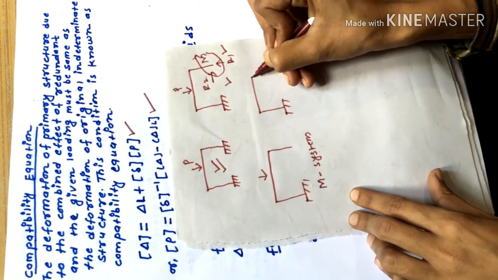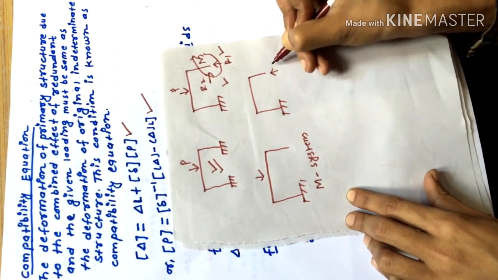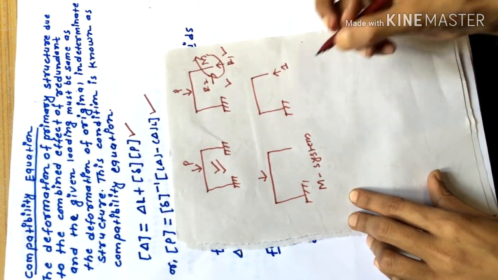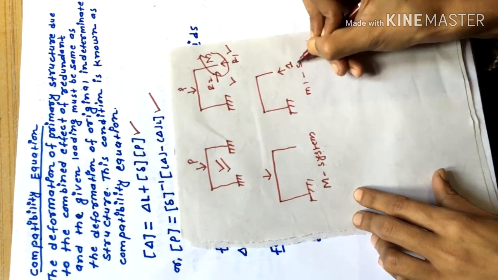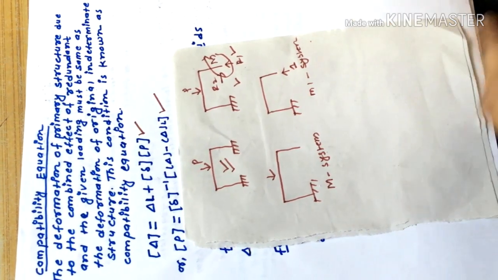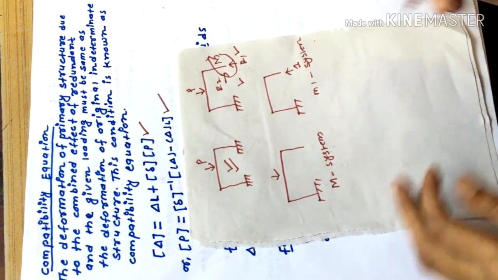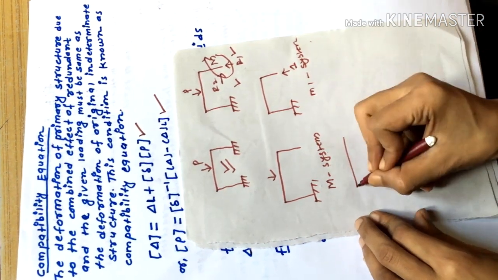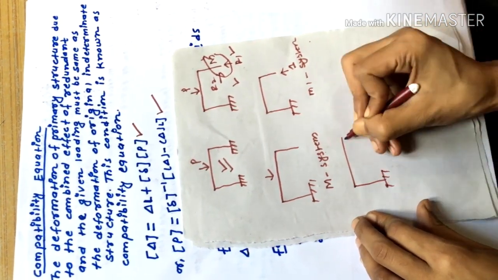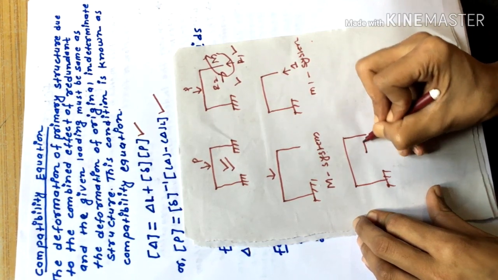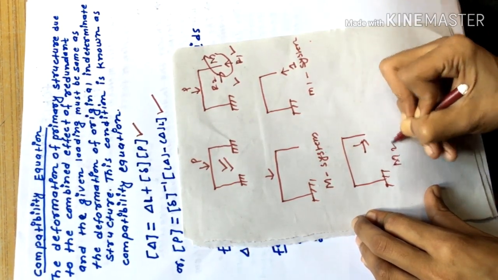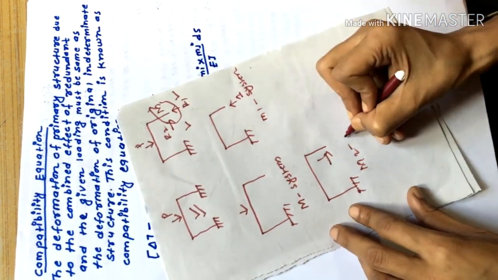If instead of R1 we replace with a unit force, this is the M1 system. Next, I am going to replace this R2 by 1. This is the M2 system.